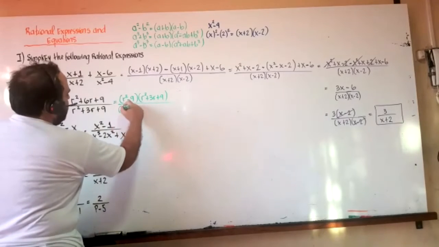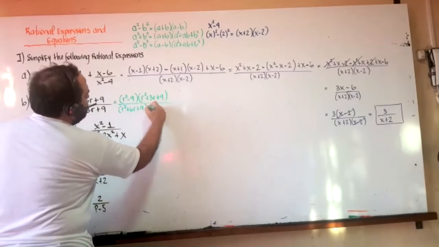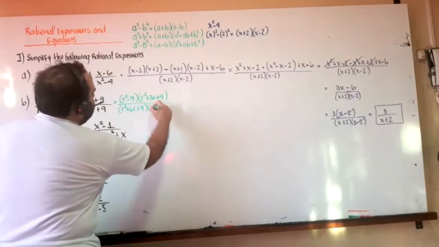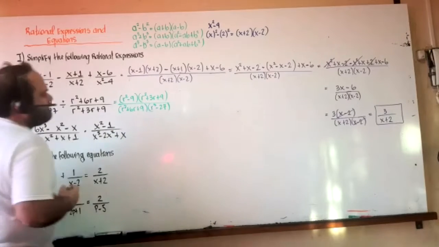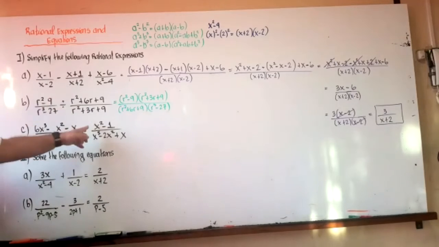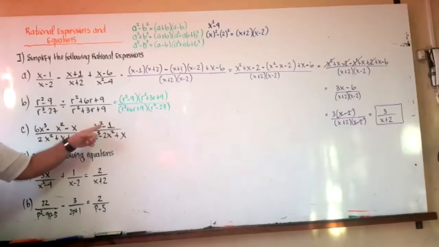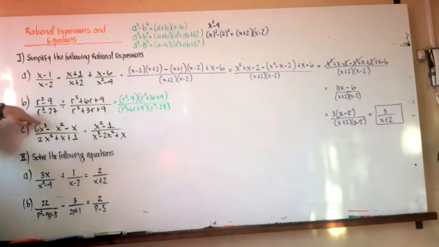We get r squared plus 6r plus 9 multiplied by r cubed minus 27. Okay, left numerator by denominator, from left to right over here, and the opposite, numerator by numerator, right to left in that denominator.